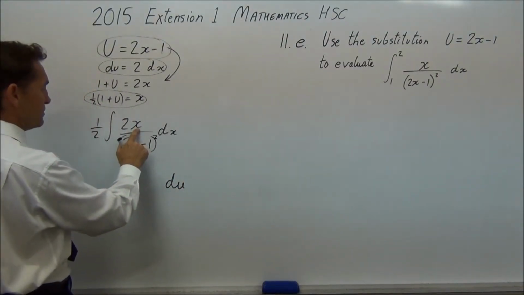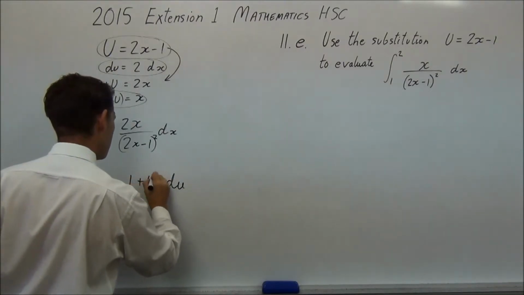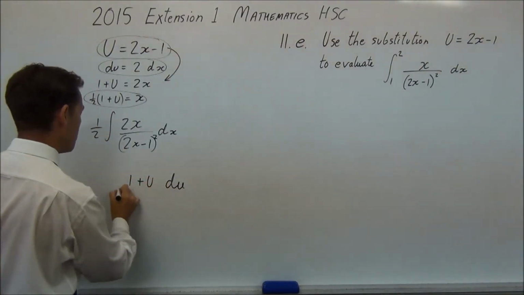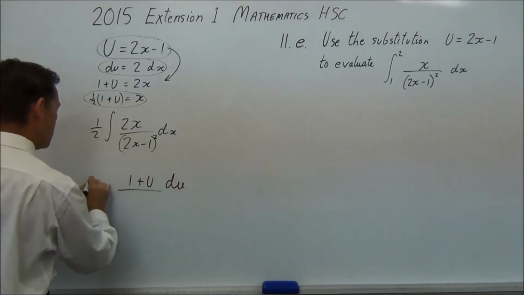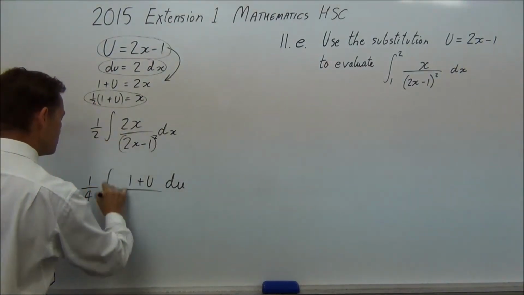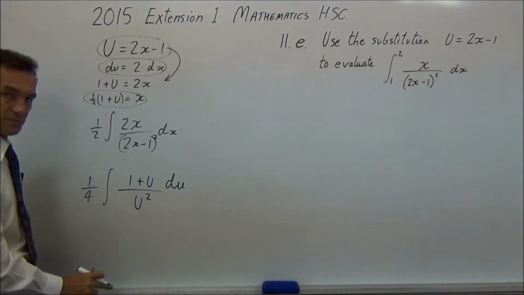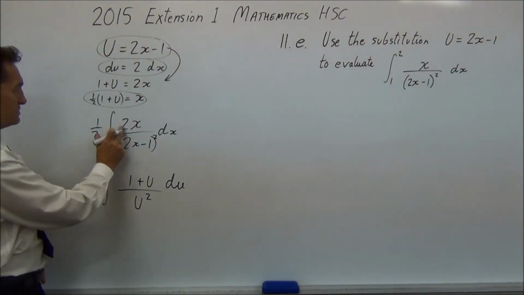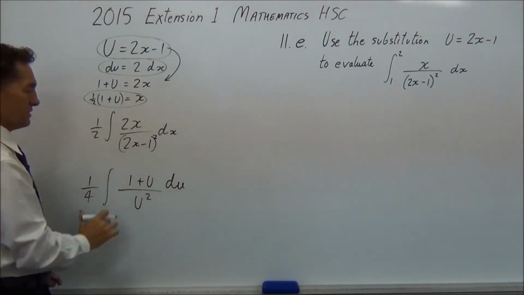Now we're just dealing with the x. So 1 plus u is on top, and we've got a half. Well, we want that half, we're just going to pull that out the front. So that turns into a quarter. On the bottom we've got u squared. Okay, so that 2 and that half can get a little confusing, especially if you're writing down your working.